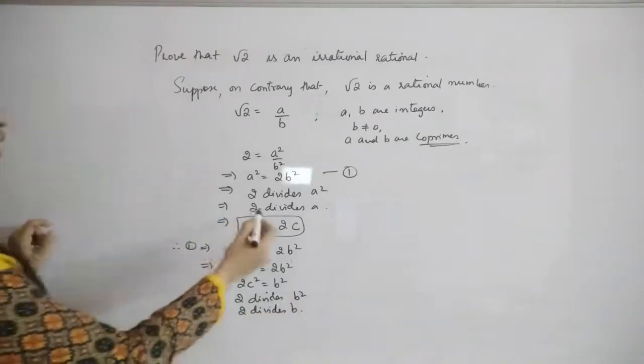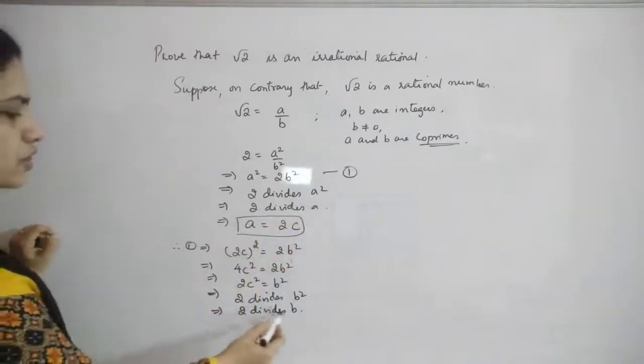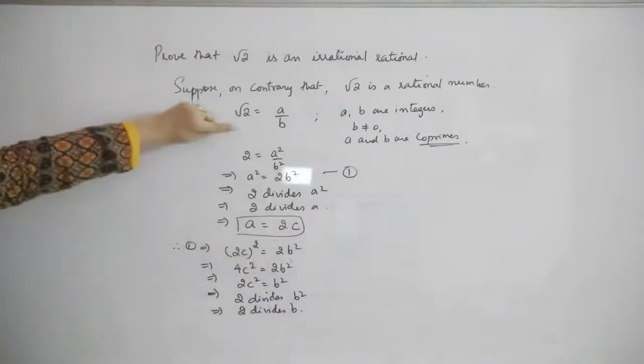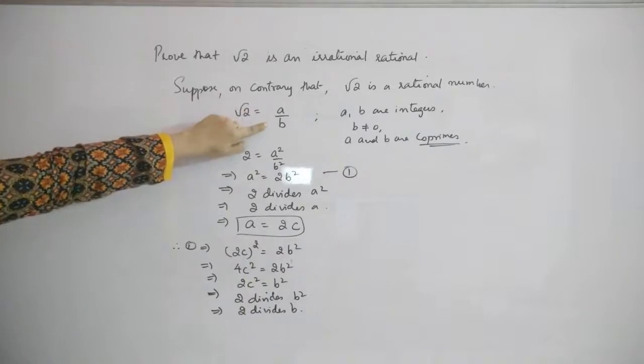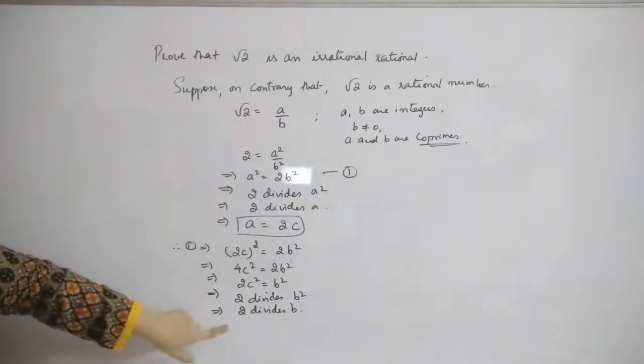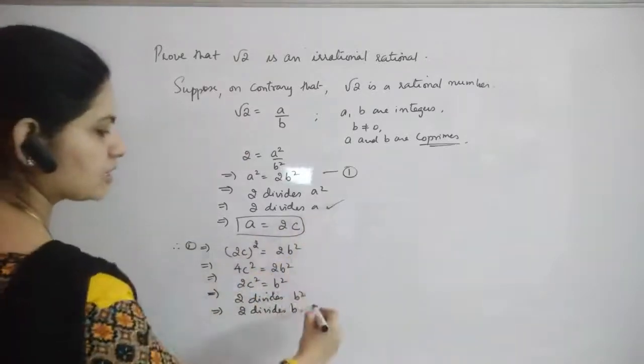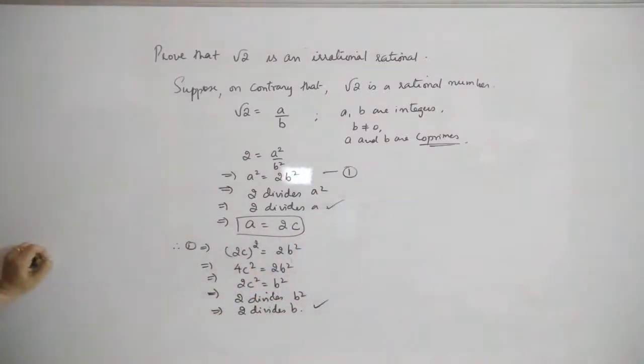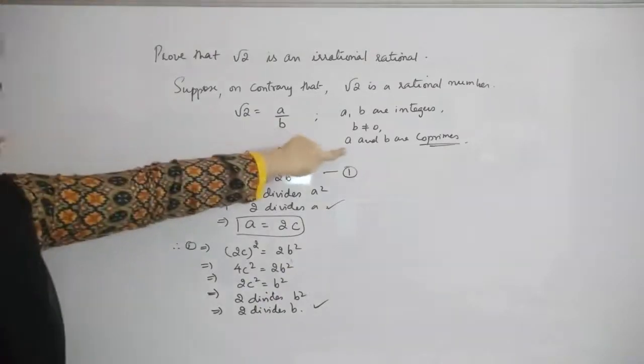So here you have got 2 divides a, and here 2 divides b, and we have taken a and b as integers which are co-primes, that means they don't have anything in common. But now these two statements show that they have a common number, which is 2, which is a contradiction to the fact which we have taken.